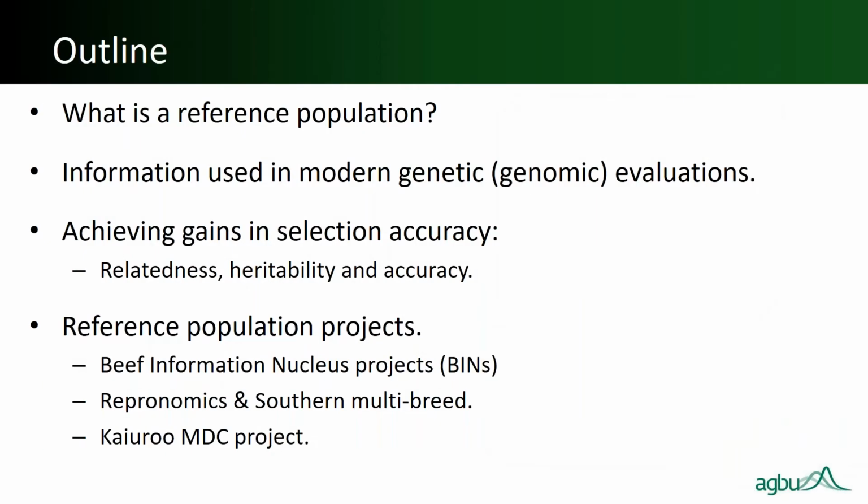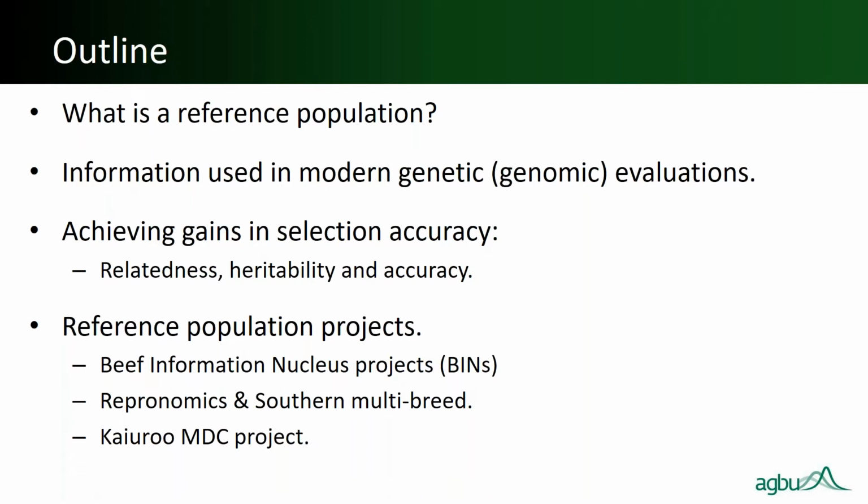What I'd like to cover today is firstly to address what reference populations are. We'll look at the information we're using in the modern genomic evaluation in BreedPlan, and focus on how this information allows us to make more accurate selection decisions, which means driving genetic progress for these important traits more quickly.